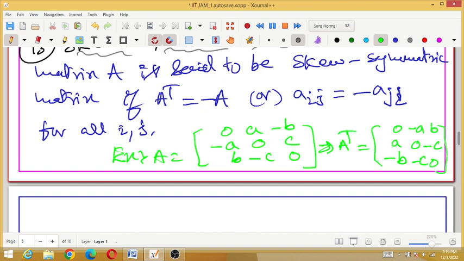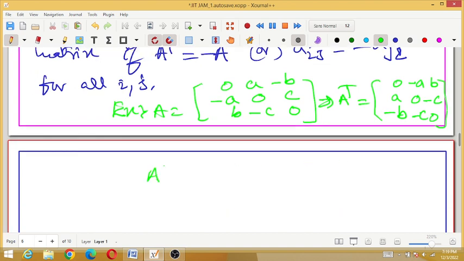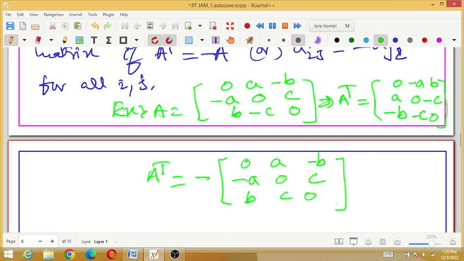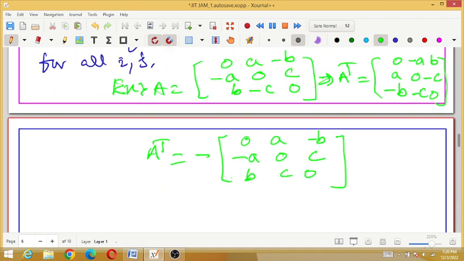Obviously this is minus of A. By taking minus, the 0 stays, minus into minus becomes plus, and here minus c will come.